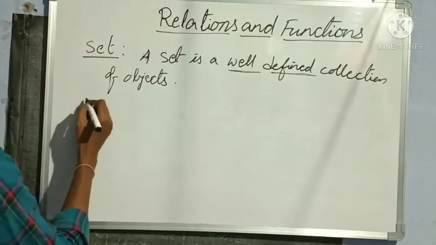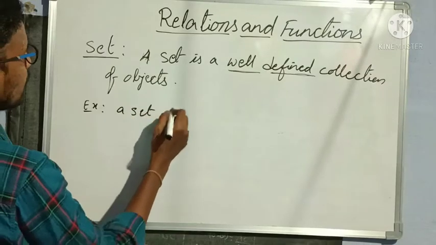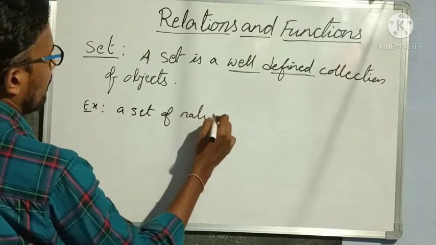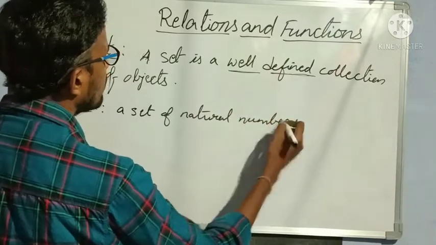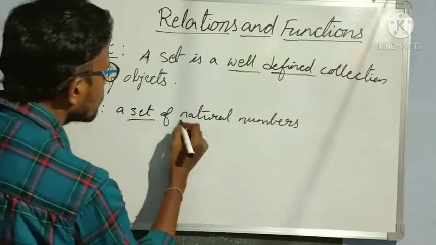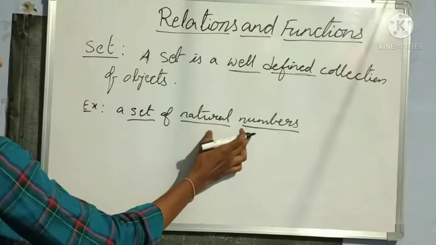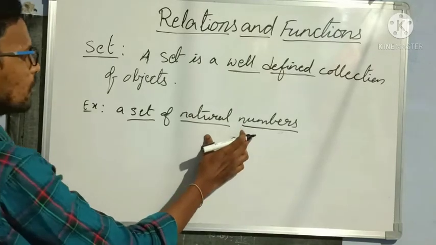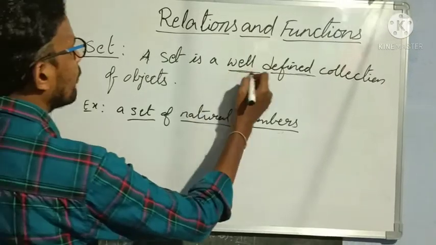For example, if I take a set of natural numbers, here this set contains what? Natural numbers. Already we know natural numbers have a definition, that is numbers which are used for counting objects are called natural numbers. So this is a well defined collection.